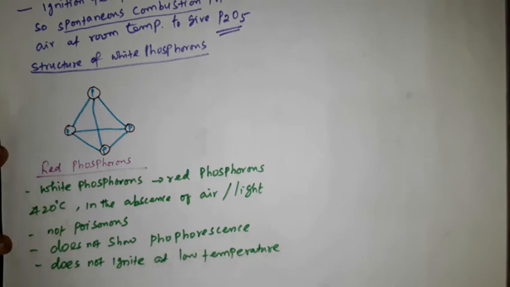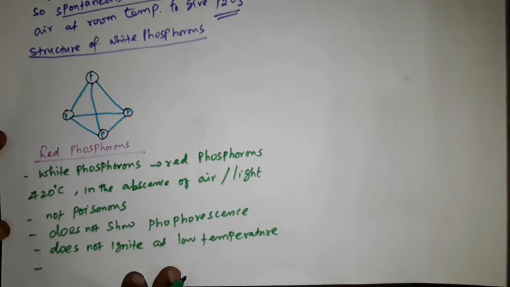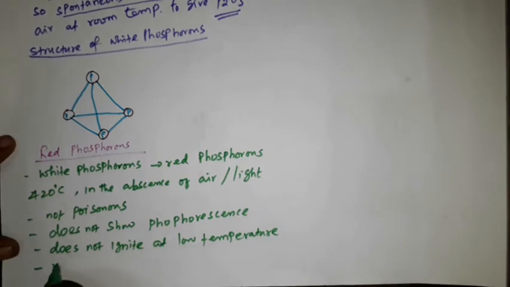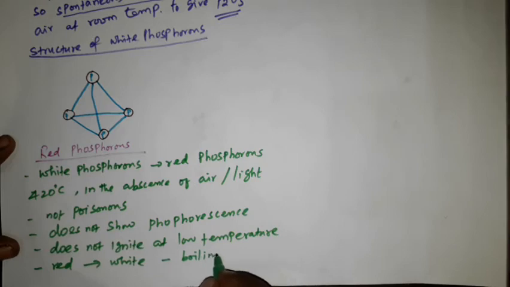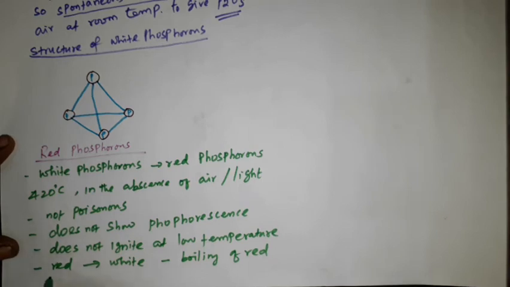Okay, that red phosphorus also can be converted to white phosphorus. How? By boiling this red phosphorus in an inert atmosphere, okay.